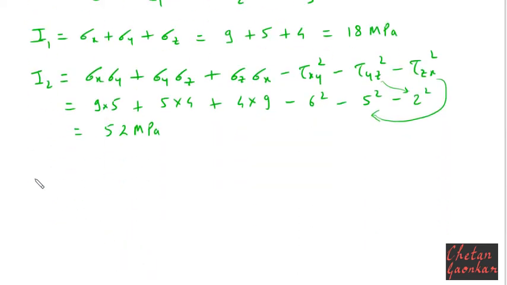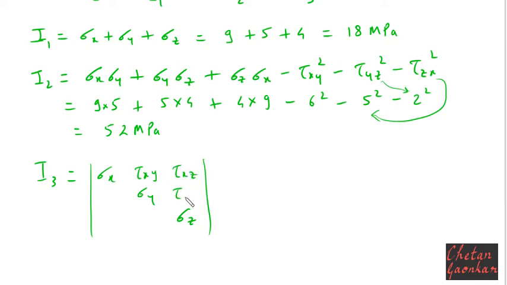And what about I3? I know that I can write this I3 very easily in terms of determinant. It is nothing but the determinant of the rectangular stress components, right? So this I can easily write as this. This will be again tau xy, tau xz, tau yz.